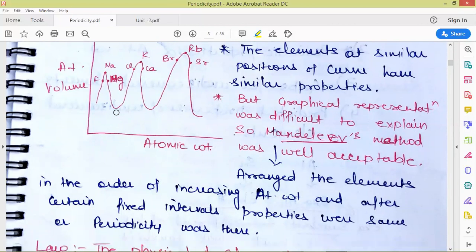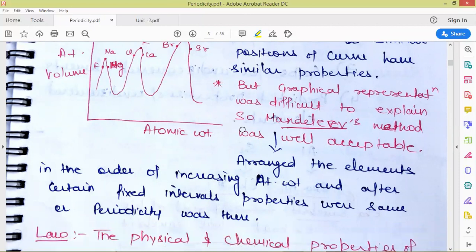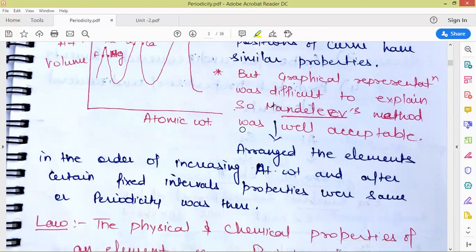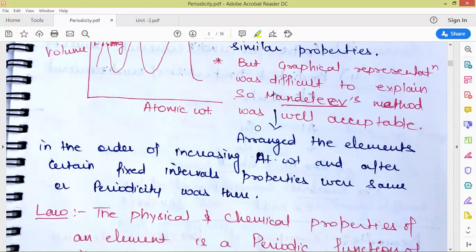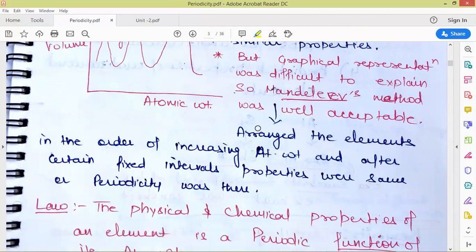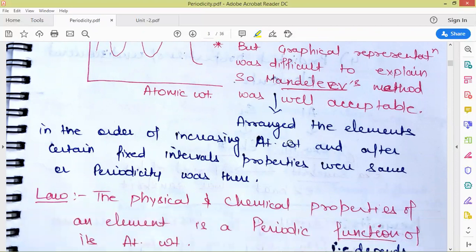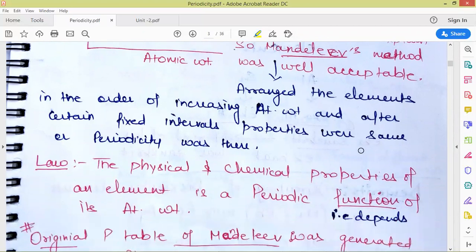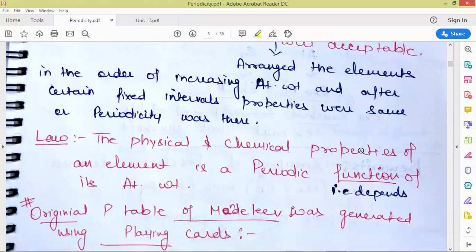But according to Mendeleev, he arranged the elements in the form of a table, which was very clear. Based upon Mendeleev's observation, he arranged the elements in the order of increasing atomic weights, and after certain fixed intervals, properties were the same, or periodicity was there.